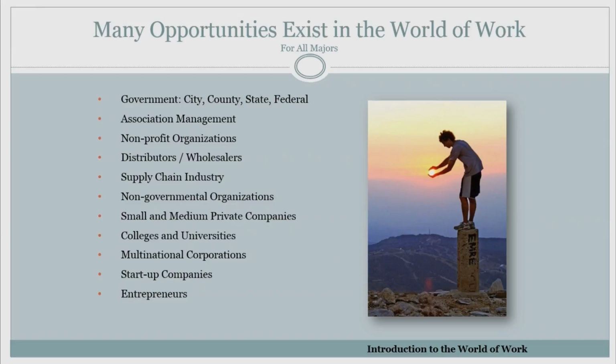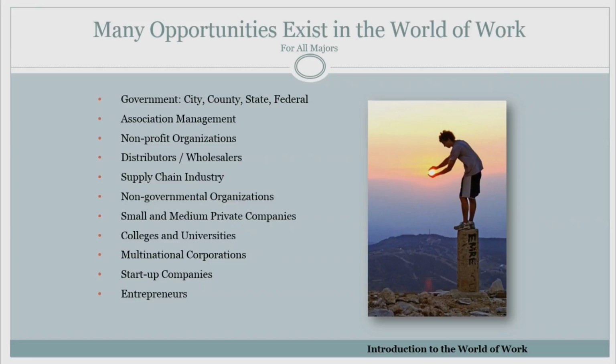In addition to the emerging occupations, we always talk about the many areas in the world of work that are available for students. So this list provides you just a sampling of sectors in the job market that you might consider when you're looking at internships or part-time jobs or full-time employment career opportunities when you graduate.